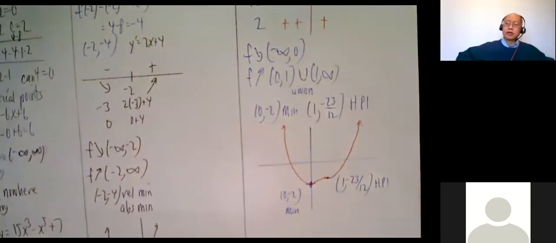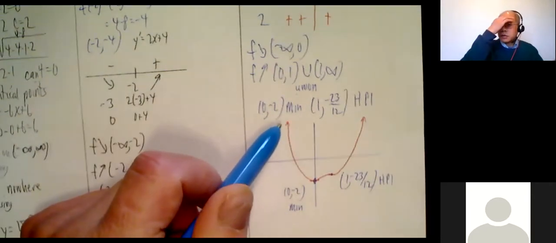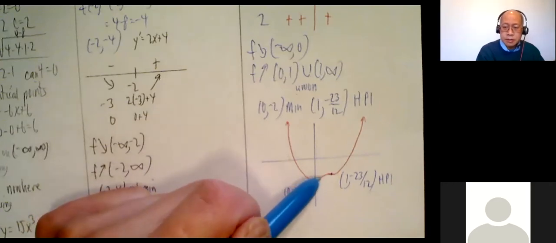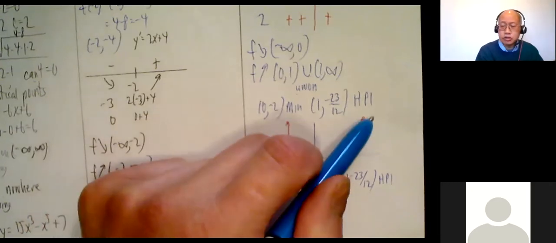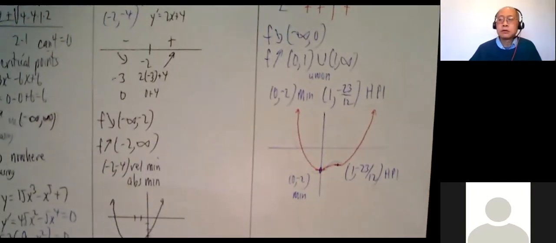So you have a horizontal point of inflection. Okay, I've seen rides like this, right? You ever seen a roller coaster ride like that? Goes up, down, up, goes up, levels out to 0, and then shoots back up again. Okay. All right, so that's what we got.